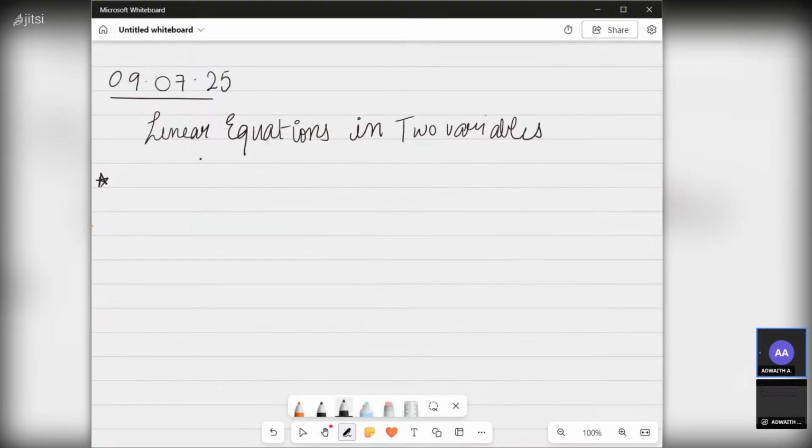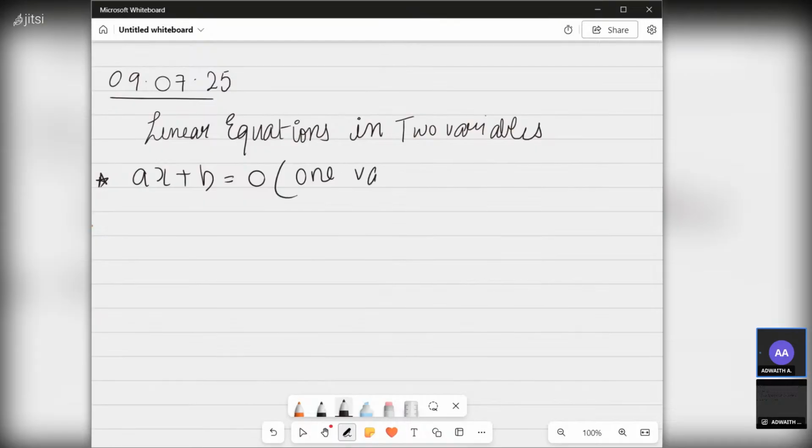In earlier classes, we have learned that a linear equation in one variable or an unknown x is an equation of the form x plus b equal to 0.